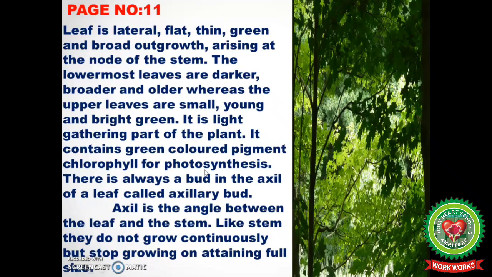Students, we know that leaves are green in color due to the presence of green colored pigment which helps in the process of photosynthesis. There is always a bud in the axil of a leaf called axillary bud. Axil is the angle between the leaf and the stem. Like stem, they do not grow continuously but stop growing on attaining full size.